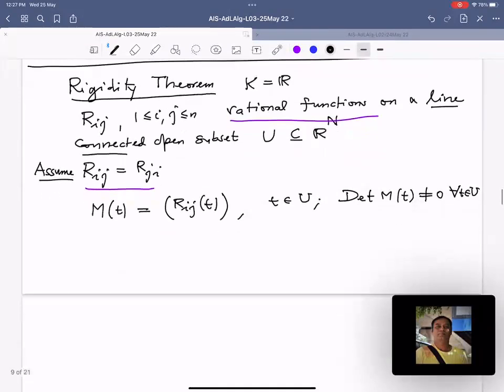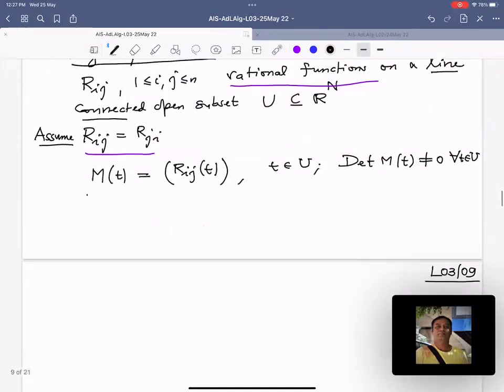Then the assertion is that the type of this matrix M_t, for all t in U, have the same type (p, q).